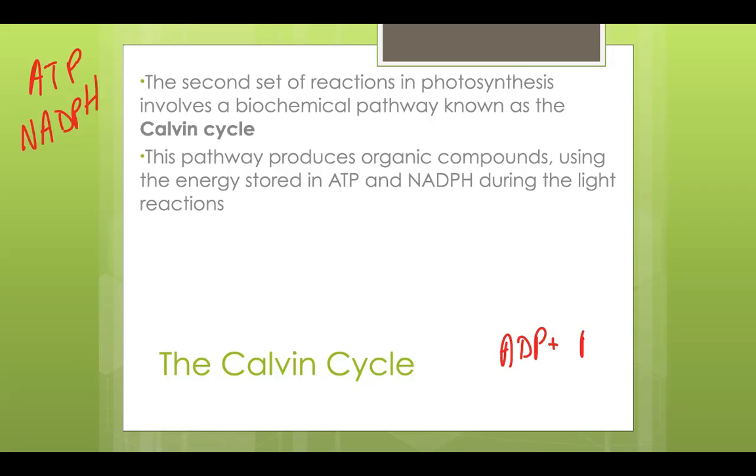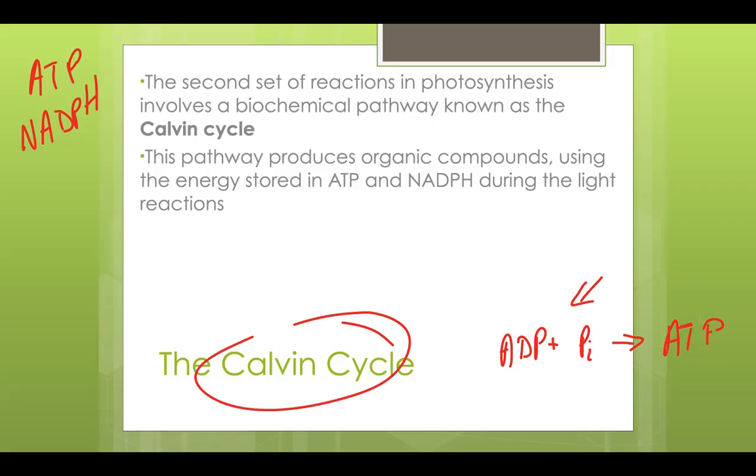So when we made ATP, we had to combine ADP and an inorganic phosphate. And these two things came from the Calvin cycle, and they go to the light reactions, and then the light reactions produce ATP, which goes back to the Calvin cycle, which then goes to make ADP and inorganic phosphate.